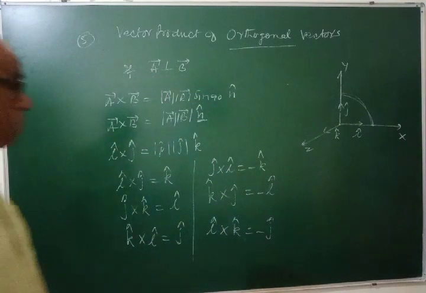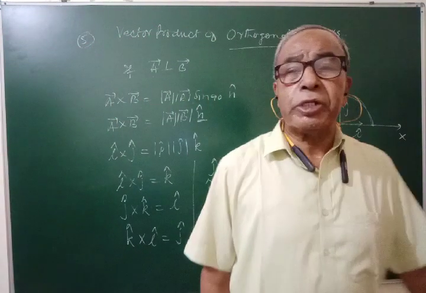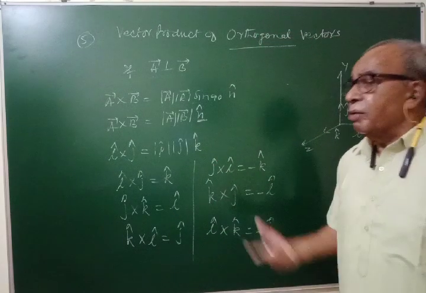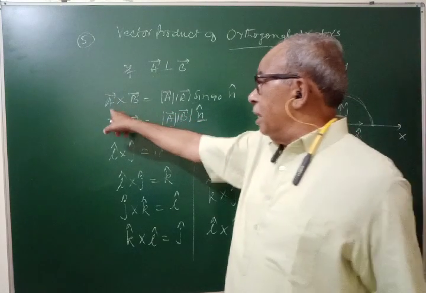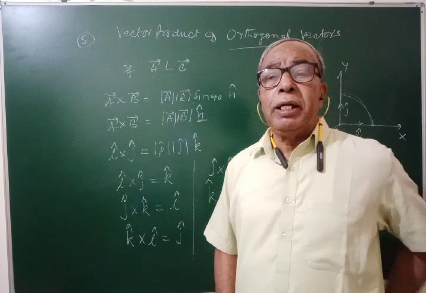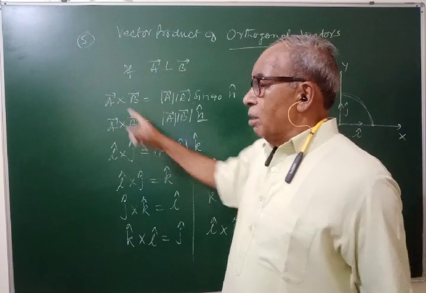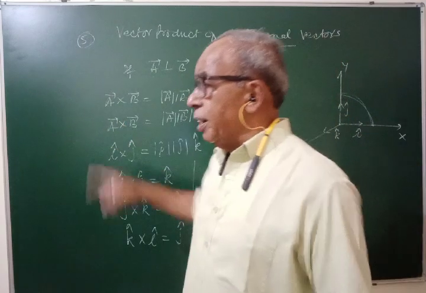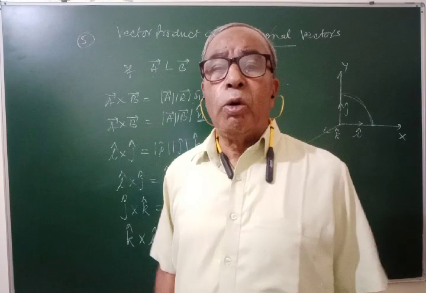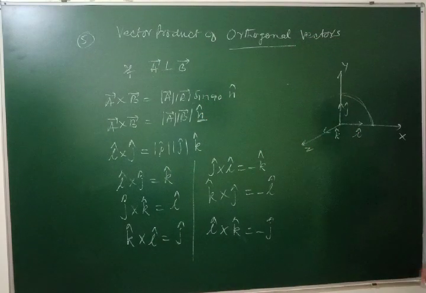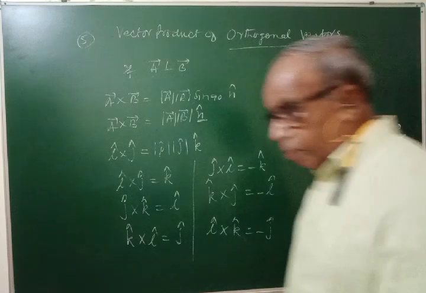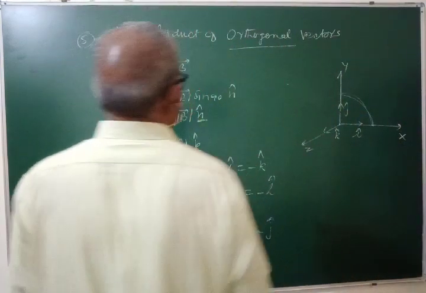Dear students, please say cross, don't say into. Here we are defining the cross vector product, which is also called the cross product, and hence we read it as A cross B, not A into B. I told you we should speak it as A cross B, not A into B. So this is something about the product of orthogonal vectors.